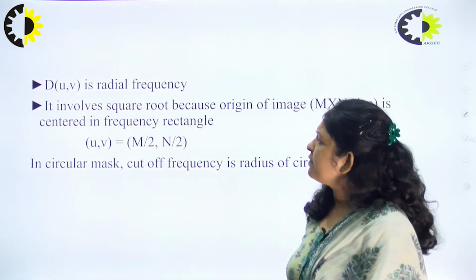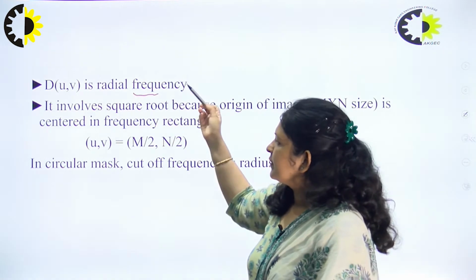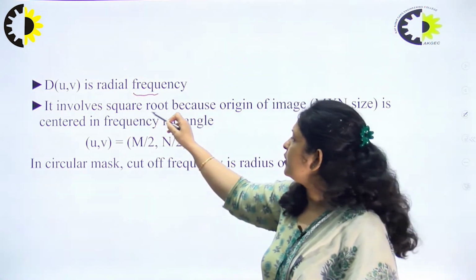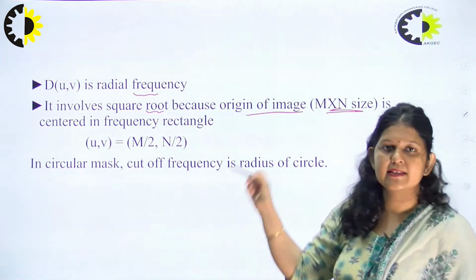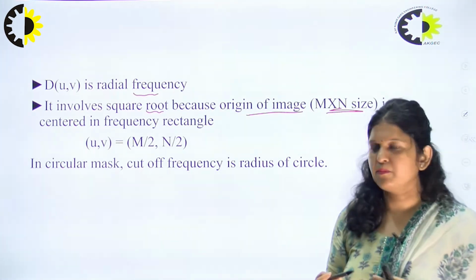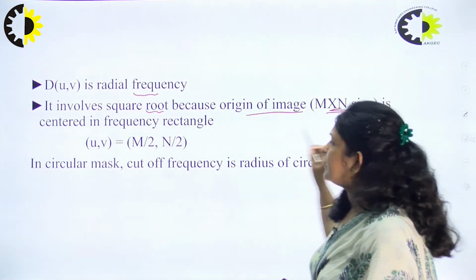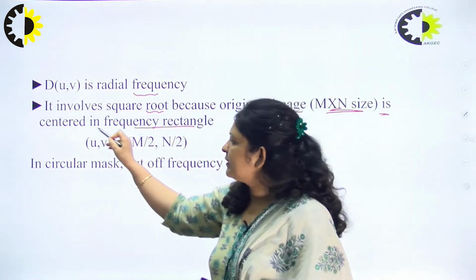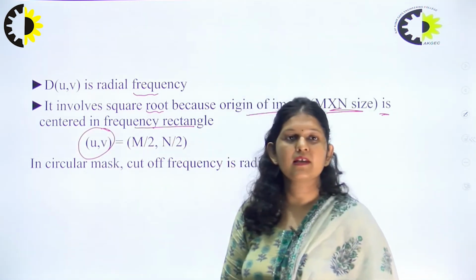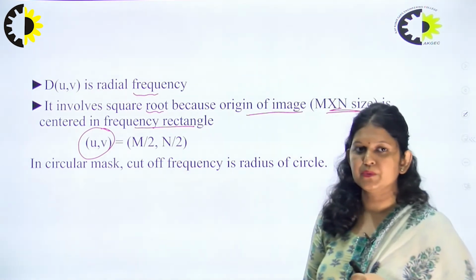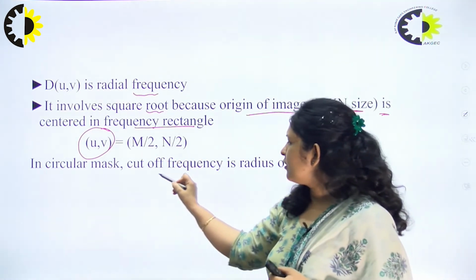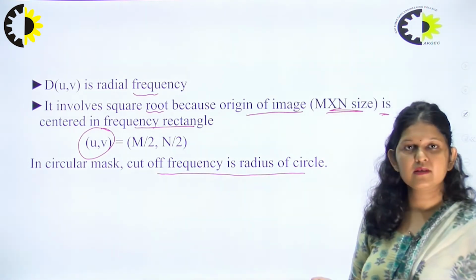So D of u comma v is the radial frequency. It involves a square root because the origin of the M cross N image is centered in the frequency rectangle, that is, the center is at M upon 2 comma N upon 2. In the circular mask, the cutoff frequency is the radius of the circle.